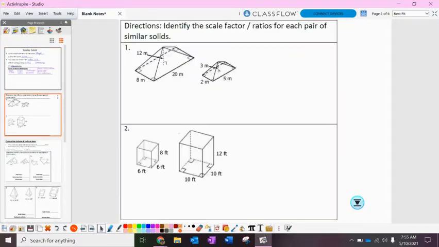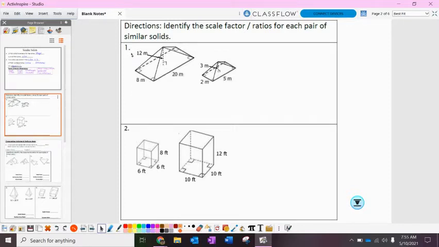Okay, so identify the scale factor and the ratios for each pair of similar solids. So if we want to compare similar parts, here I can see the height of the figures.